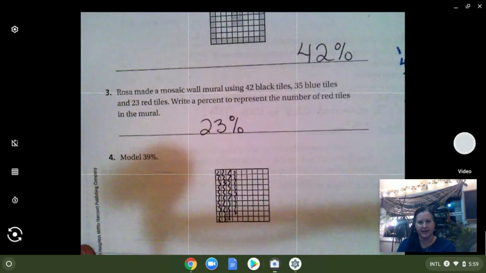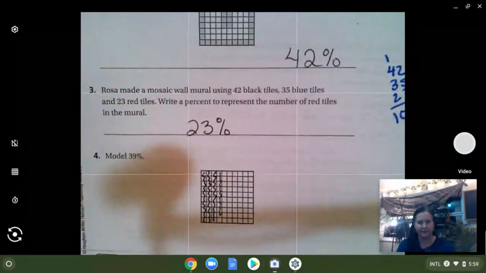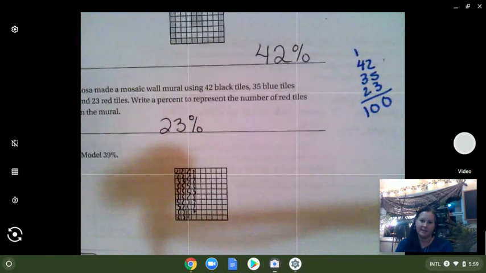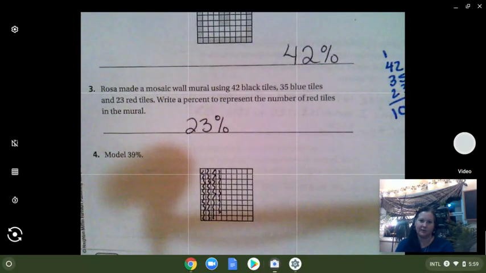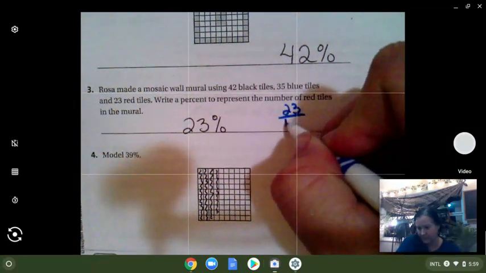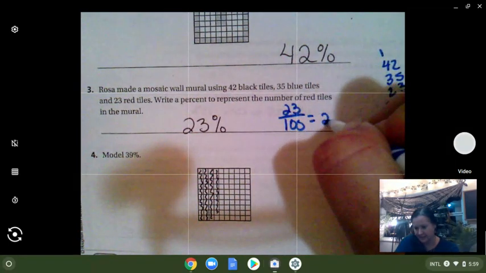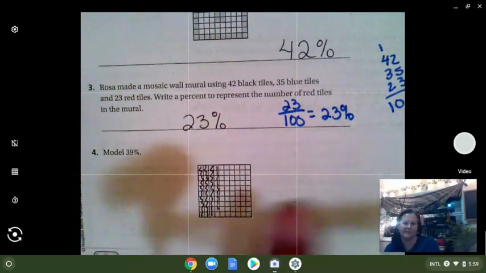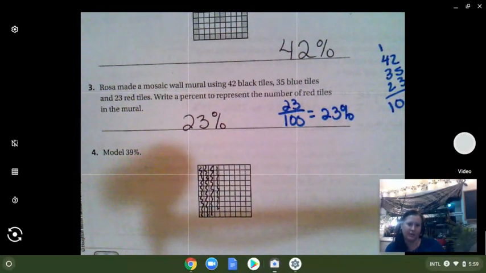So since I get 100 when I add them, if 23 are red, 23 out of 100 is 23%. So you have to add all those tiles together to find out that that's the whole, that's the 100. That's how that one works.